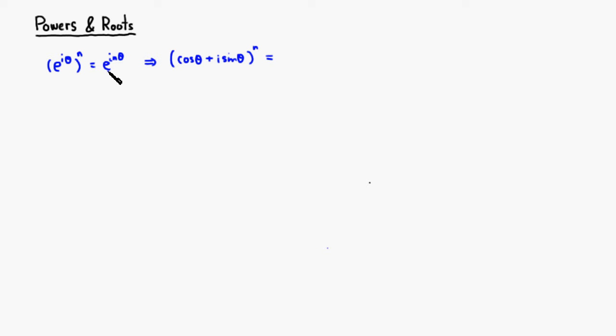The right hand side is going to be, using Euler's formula again, cosine of n theta plus i sine of n theta. So raising to the n is actually corresponding to multiplying the angle by n.